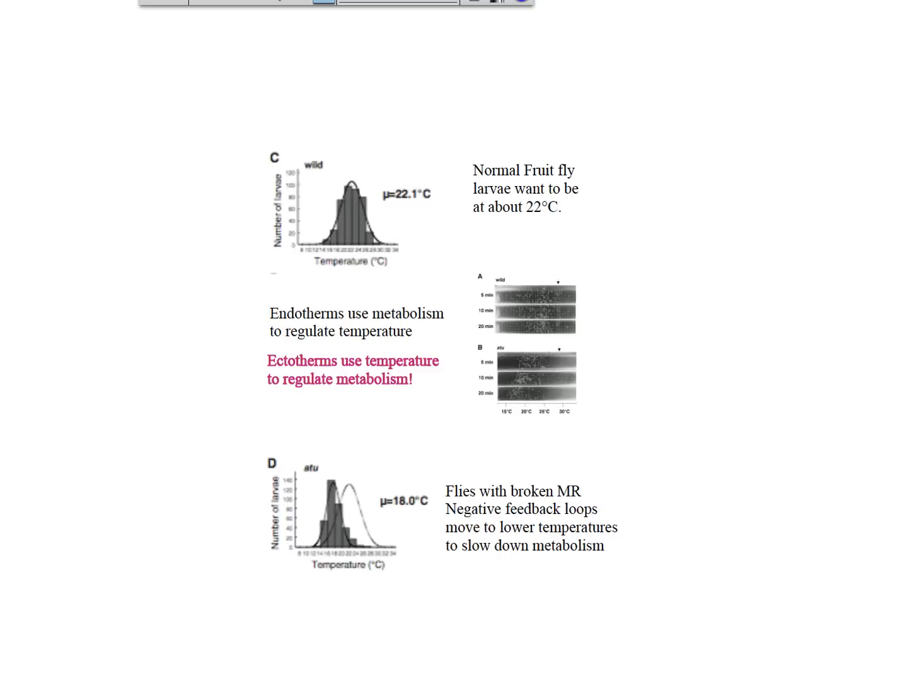One of my favorite papers talks about how fruit fly larvae adjust their metabolic rate by migrating to the perfect temperature. Normal fruit flies have a temperature that they will actively seek out that's around 22 degrees centigrade.